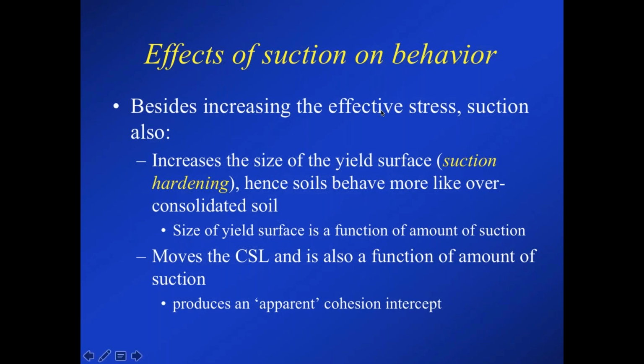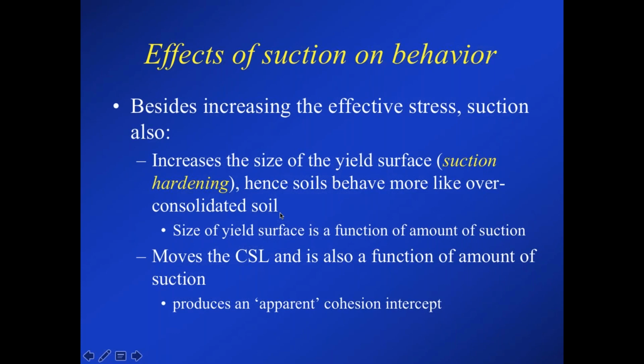But there are other effects that suction brings about, and one of them is that researchers have shown that the size of the yield surface grows with suction, and they often refer to this as suction hardening. So soils tend to behave more like over-consolidated soils due to the size of the yield surface increasing as a function of suction.